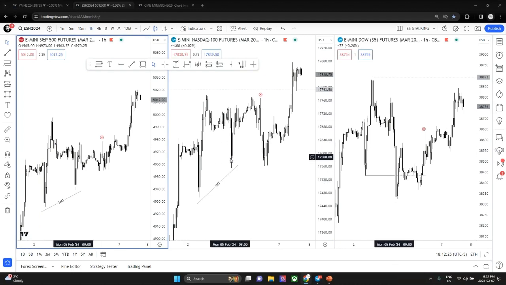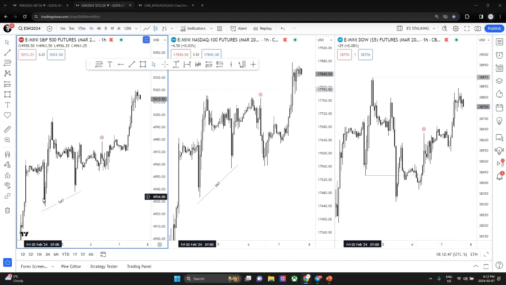So I expected price to at least trade to the 50% of this order block right here. But if it broke below, then I'd be extremely bearish, which I am still not bullish on the stock market, right? So right here we had price trade here, leave this low intact, the S&P 500.